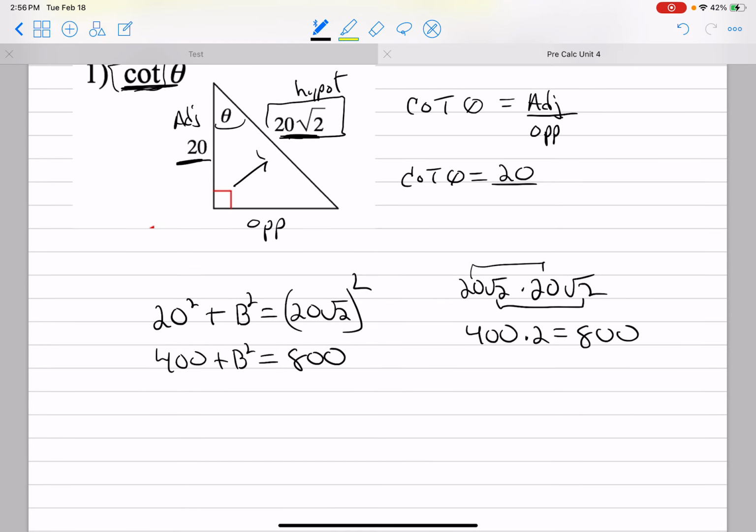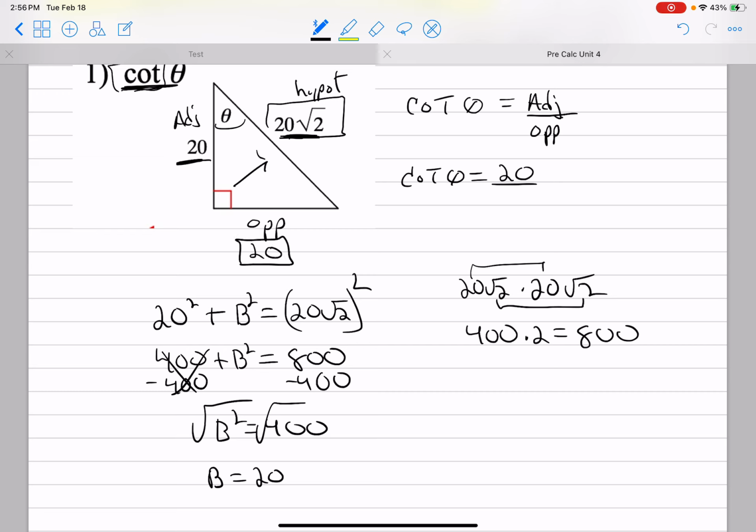So now I'm going to keep solving. This is just algebra. You all can do this. Minus 400, minus 400. B squared equals 400. How do I figure out what b is? Oh, square root. B equals 20. So the opposite side is 20.